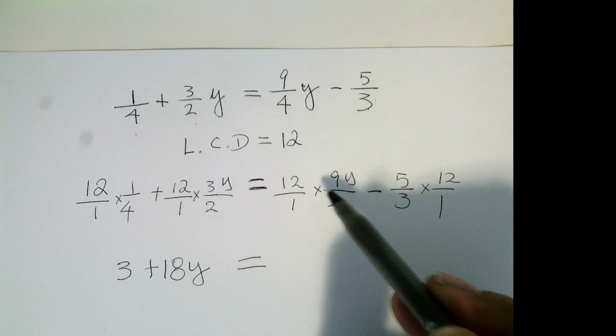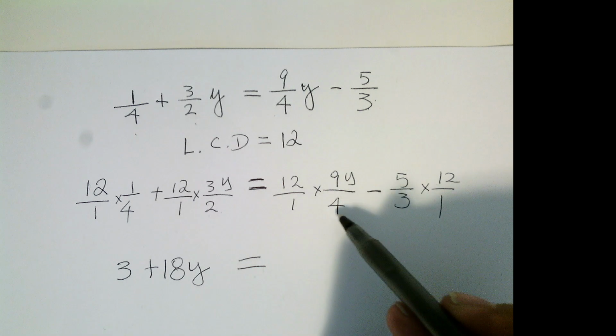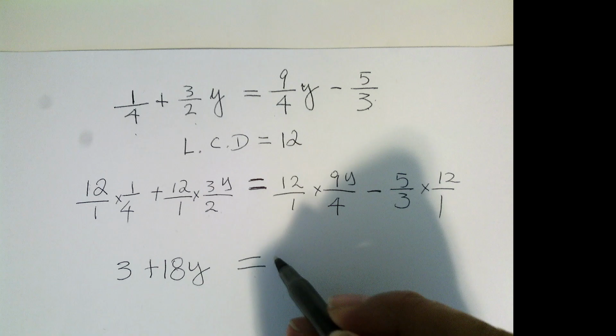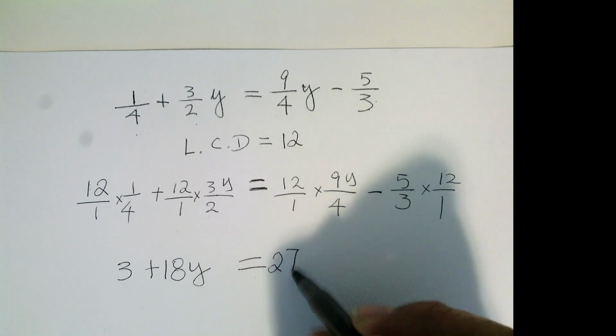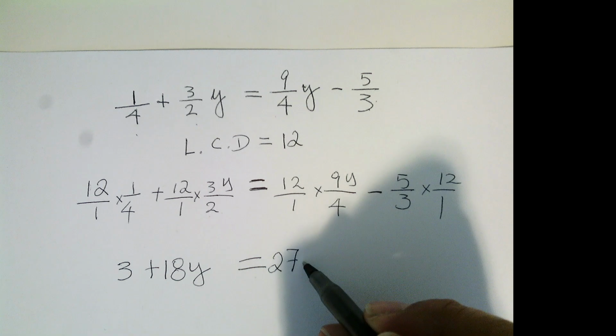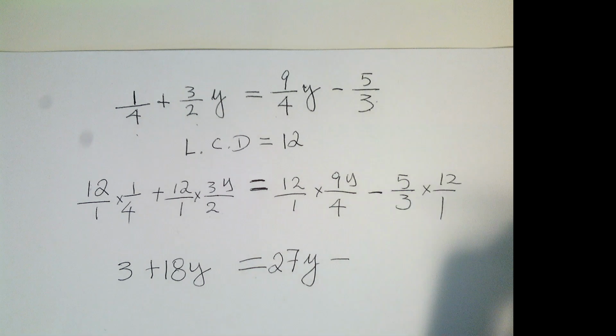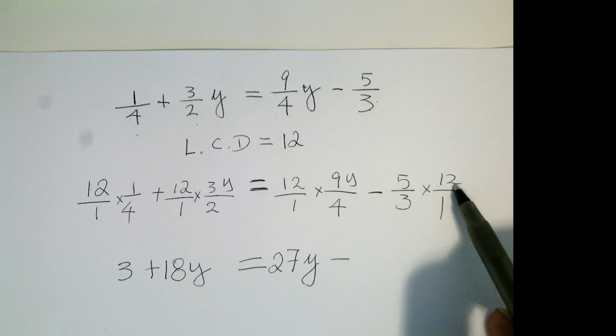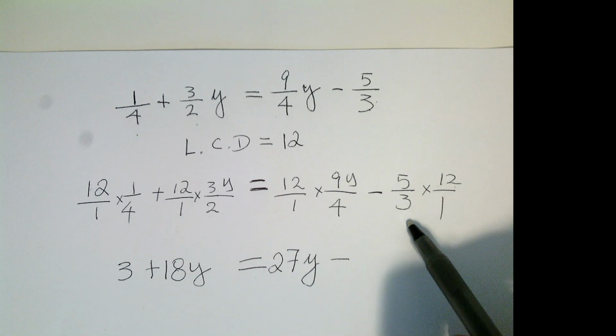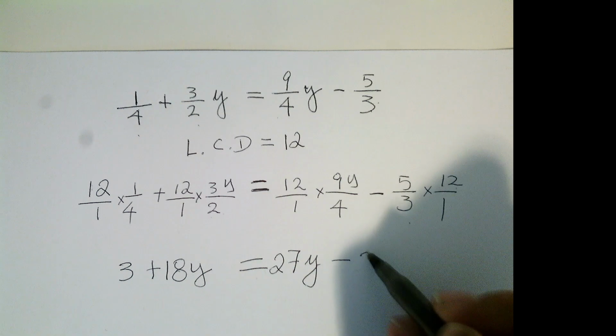Twelve times 9 divided by 4, which is 27. And then 5 times 12 divided by 3, which is 20.